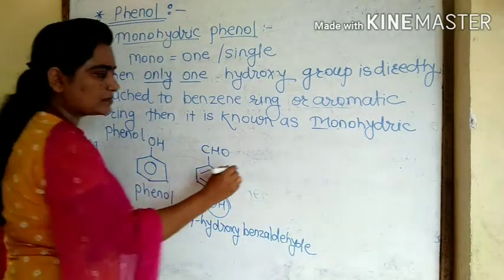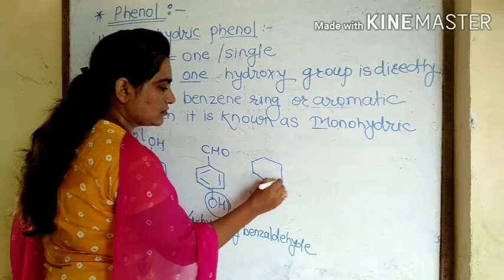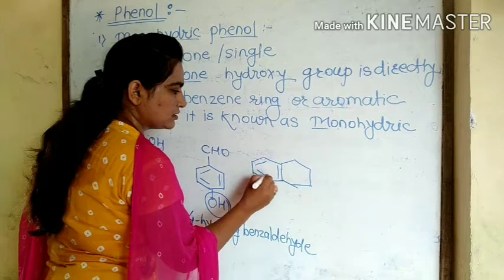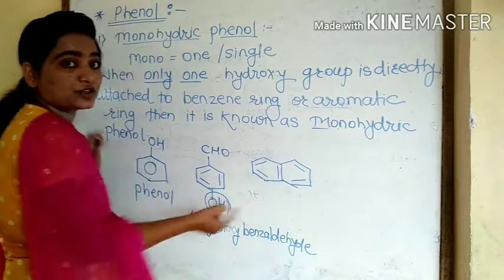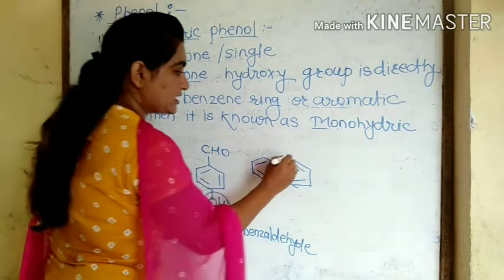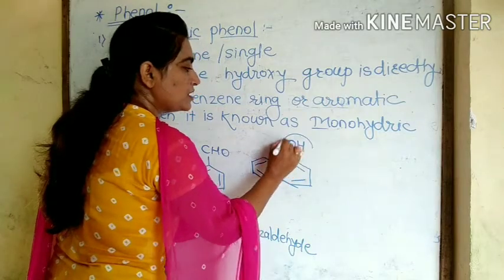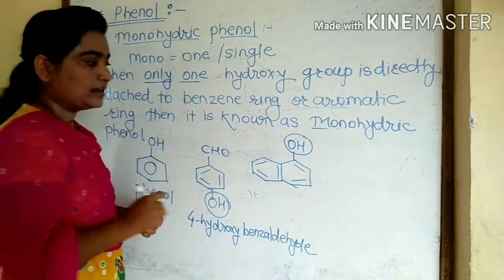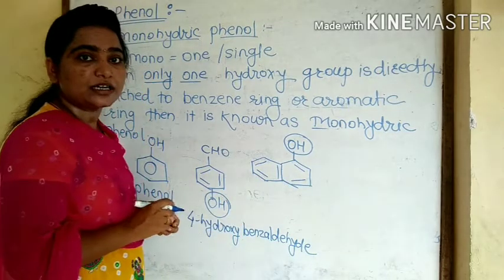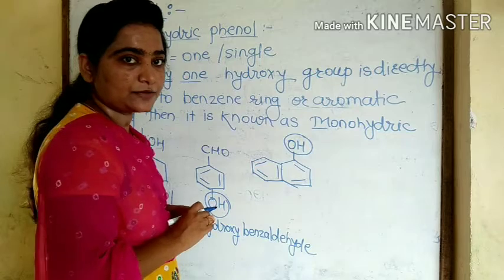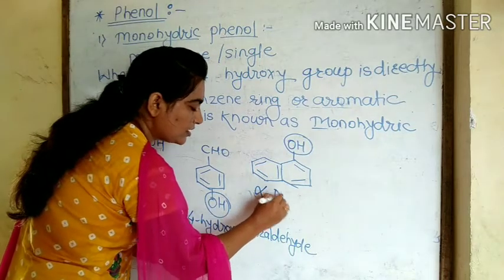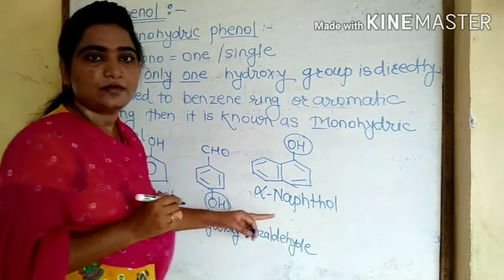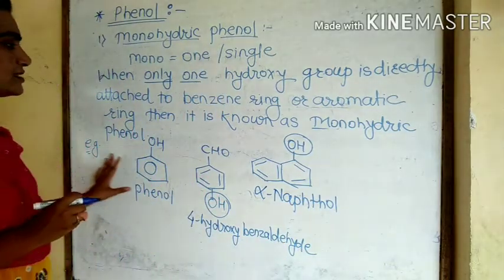Again we take the example, suppose presence of two aromatic rings. It is the structure of naphthalene molecule, but it consists of one hydroxy group. Then it is under the classification of monohydric phenol, and name of that compound is what? Alpha naphthol or 1-naphthol. So it is called alpha naphthol. Okay, these are some examples.